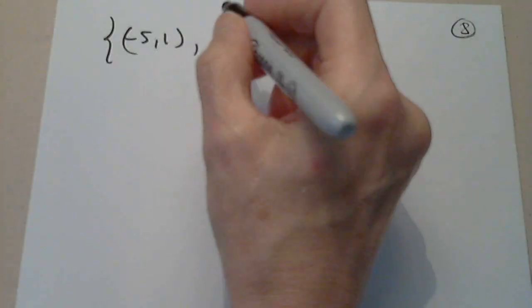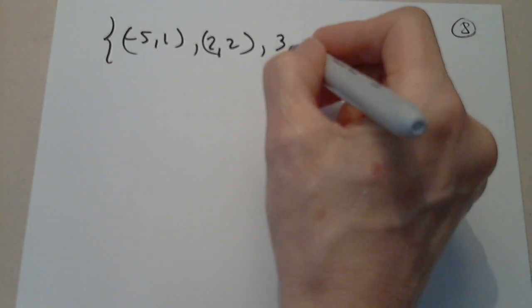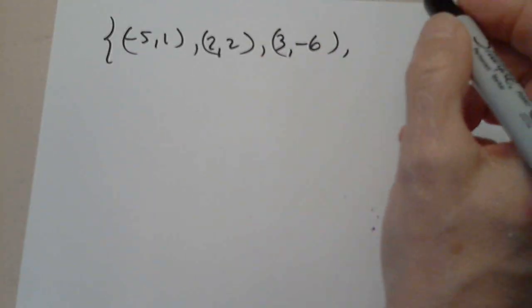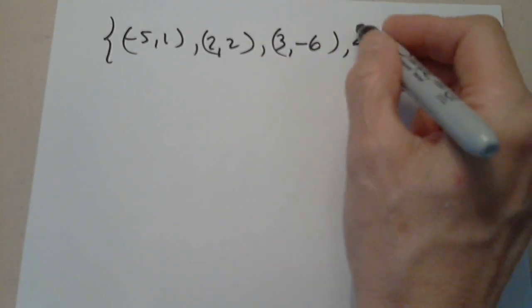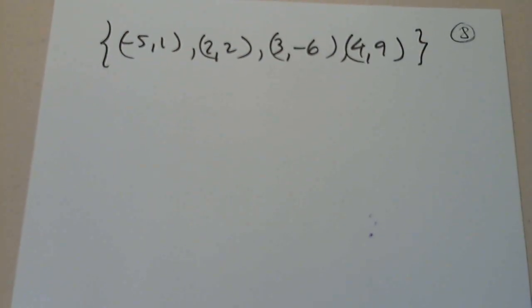Determine whether the relation represents a function or not. This is important to understand. I'm going to copy -5, 1, 2, 2, 3, -6, and 4, 9. Here's how we address this issue. This is one way.